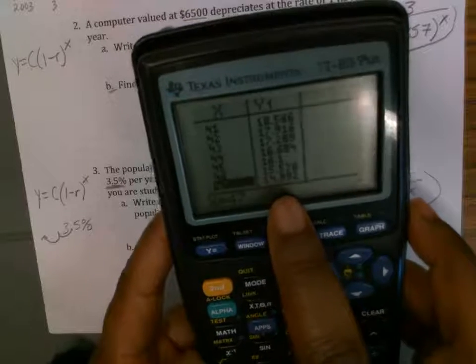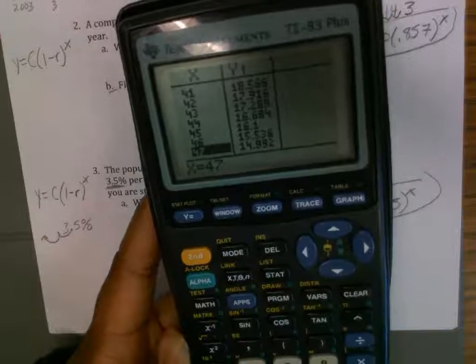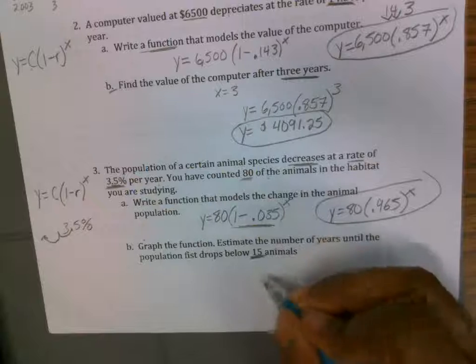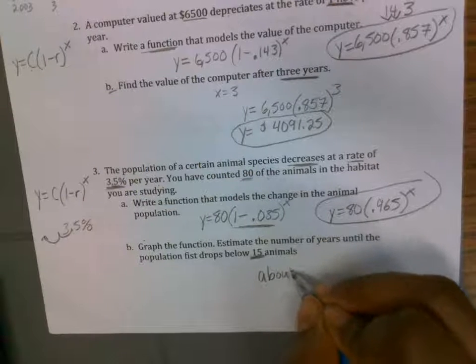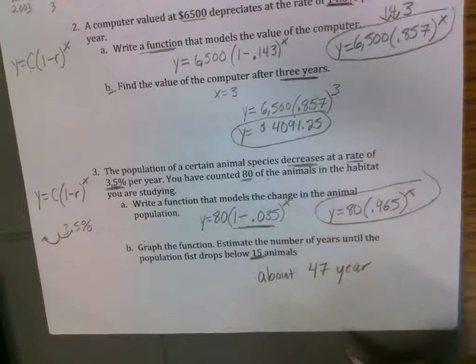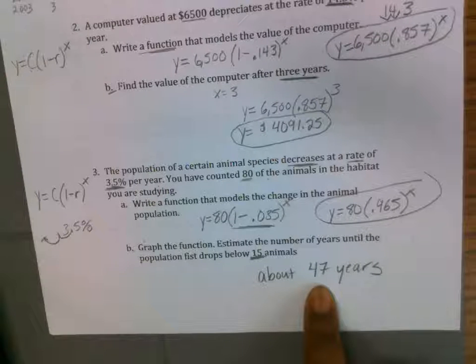Any questions about how I get about 47 years? Okay, so that's what I'm going to write here, about 47 years, because x is equal to the years. Any questions about how I use the table to get 47?